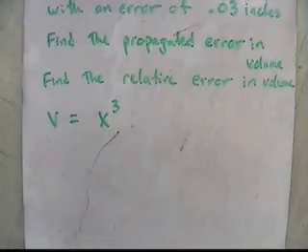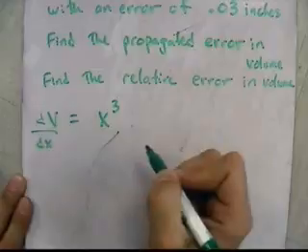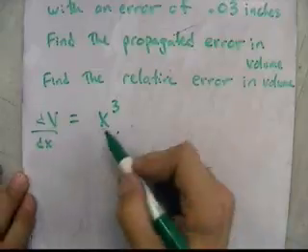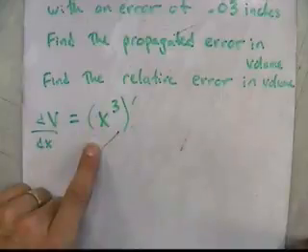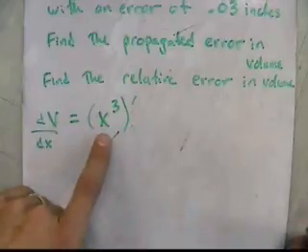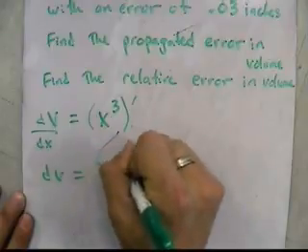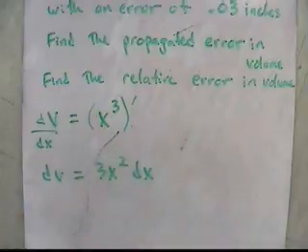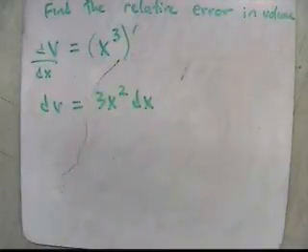Well, that means take the derivative, which would be d over dx, so we take the derivative of this side. So my dV is going to equal 3x squared dx. We okay with that? So that's my differential equation right there.